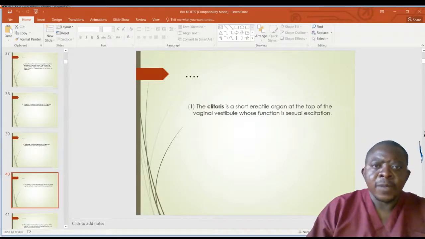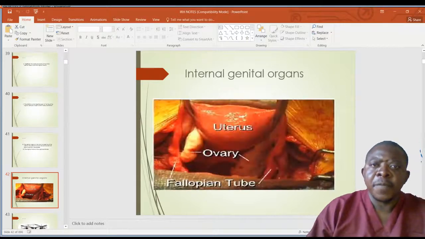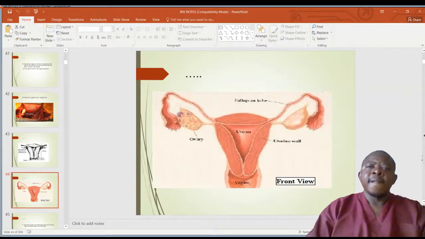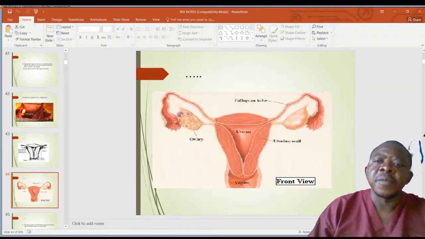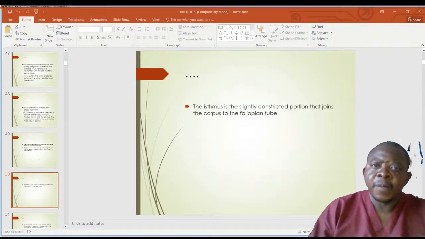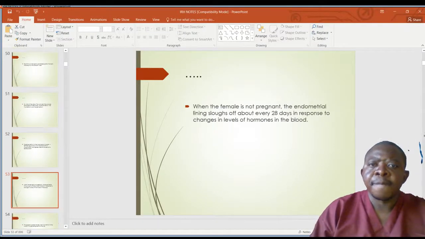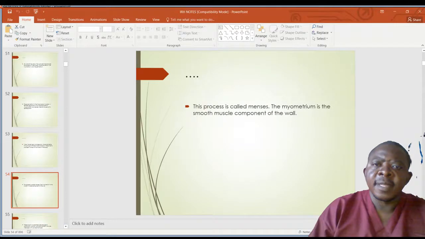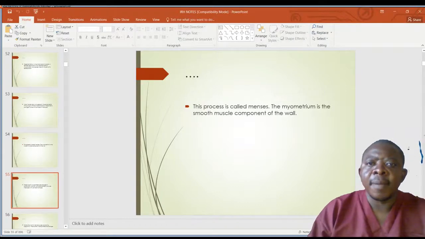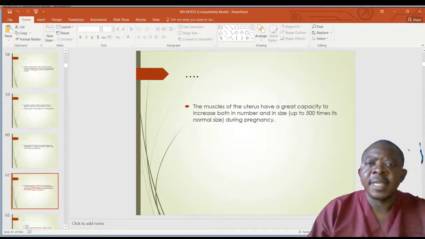Then we discussed the internal genital organs, and we have some diagram illustrations of the location of these organs. So it's important we know the detail apart from just the location, the detail about each and every part of the organ. So we try to amplify that within the lesson.